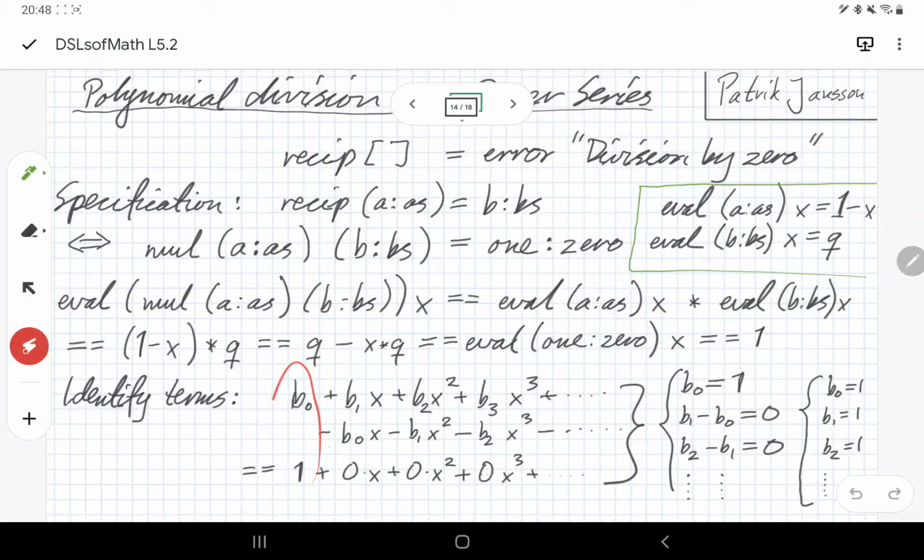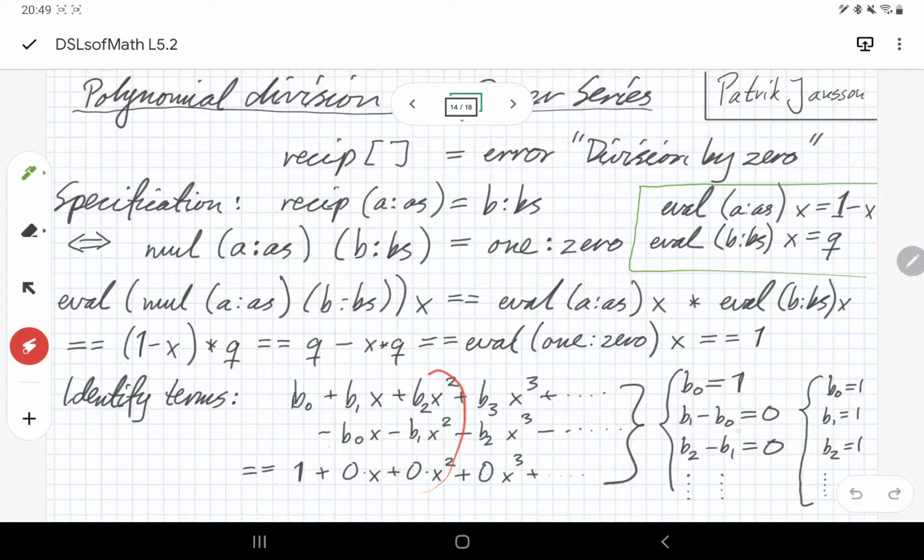So the first equation, I mean, it's not very nice to have an infinite number of equations, but it's nice that they are very simple. The first one is actually in solved form already. The first one says b0 is 1. The second one says plus b1 minus b0 should be 0. Well, b1 minus b0 is 0. That's also rather easy to solve, especially since we know that b0 is 1. It just means that b1 is also 1.